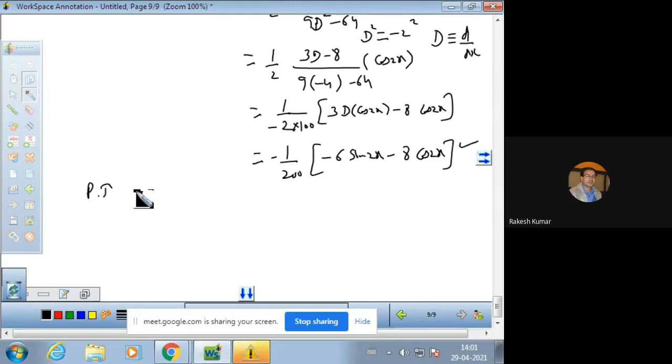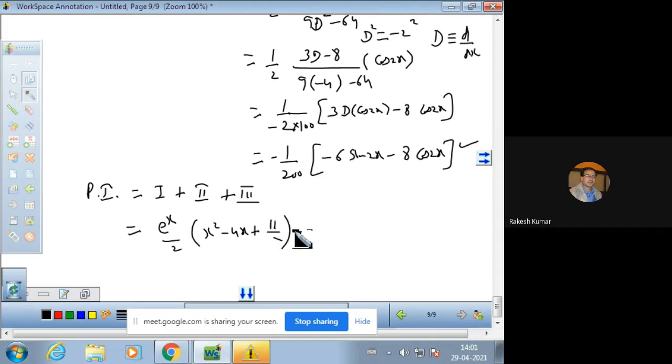The total particular integral is the particular integral of term 1 plus term 2 plus term 3. And the particular integral of term 1 is e raised to power x over 2 into x square minus 4x plus 11 over 2. And the particular integral of the second term is x over 2.